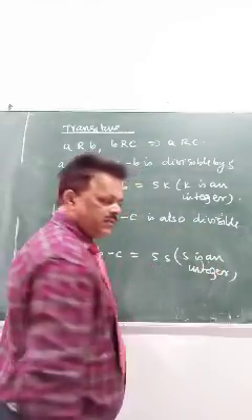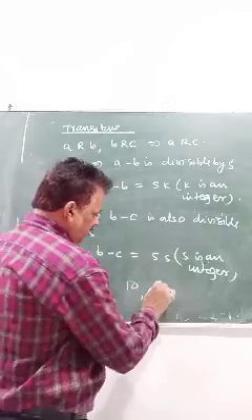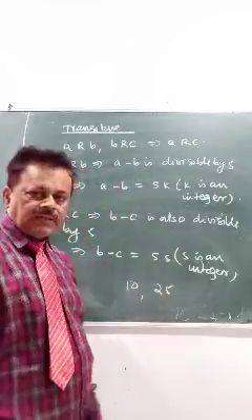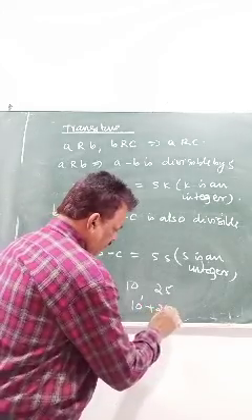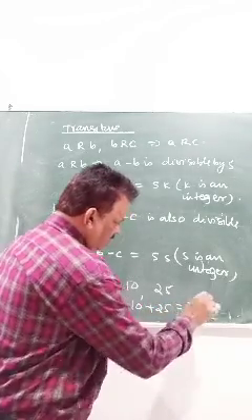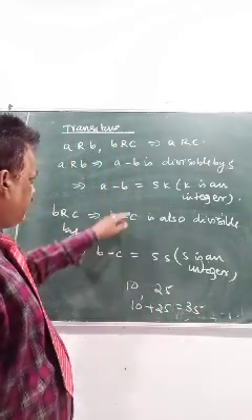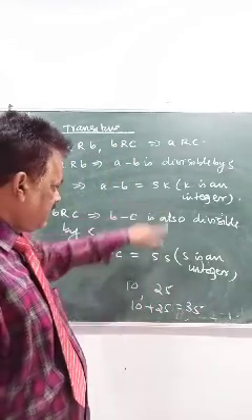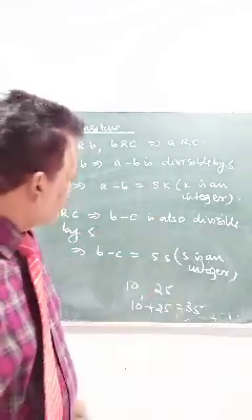When 10 is divisible by 5 and 25 is divisible by 5, if I add them, then you find the sum is also divisible by 5.